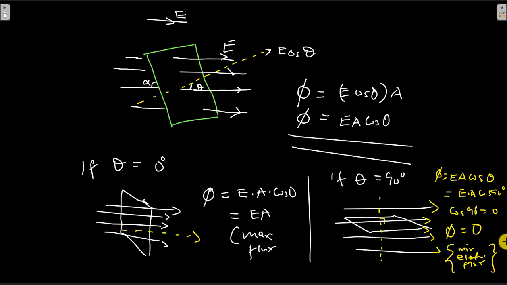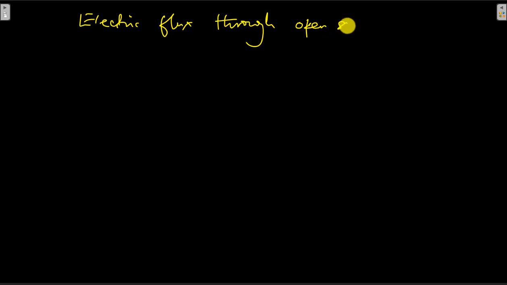Okay, let's look at the flux through open surfaces and the flux through closed surfaces. We'll begin with open surfaces. So, electric flux through open surfaces. Let us suppose we have an arbitrary open surface and we have an electric field through this surface.